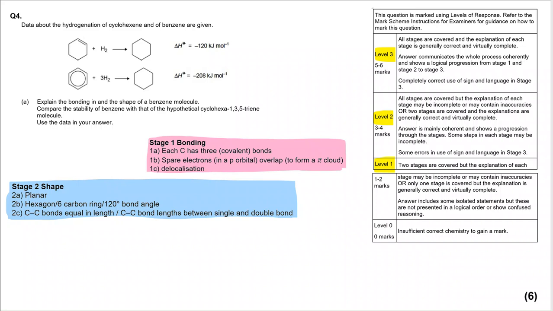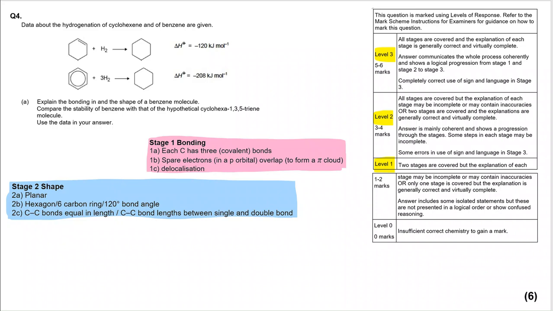The carbon-carbon bond in benzene sits somewhere between those 2 lengths. Now, again, if you got 2 of those 3, that would be that you are considered virtually complete. So if both of these were virtually complete, you're now into level 2. If in both of these you had got 1 of the points, you're now into level 1.